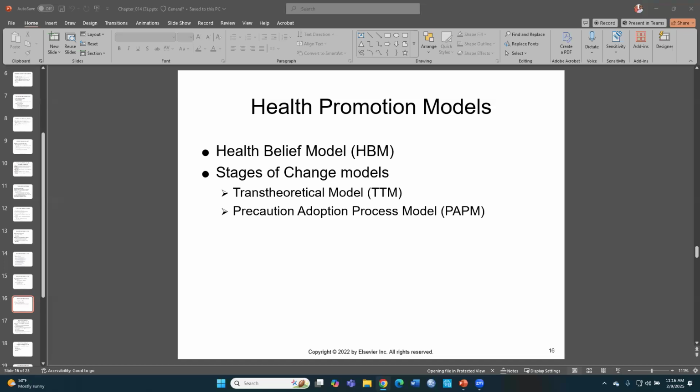So take that person who was just newly diagnosed with diabetes, the perceived susceptibility. Will something happen to me? What can happen as a result of high glucose levels, right? You look at the risk of diabetic ketoacidosis.